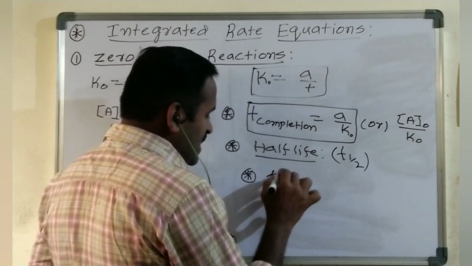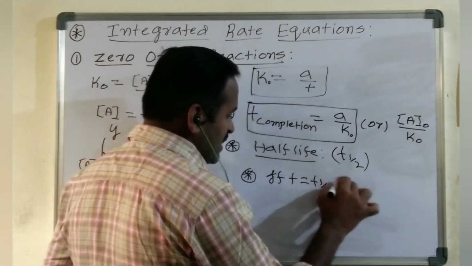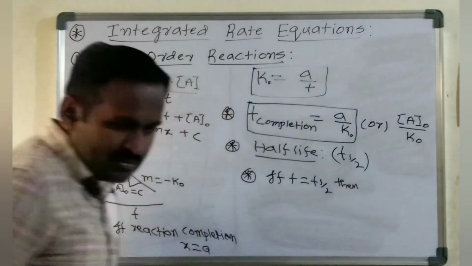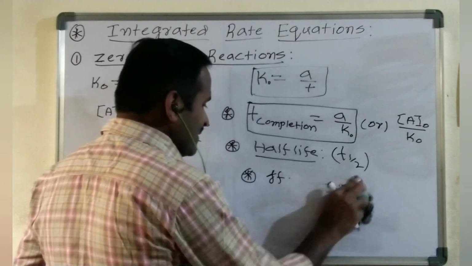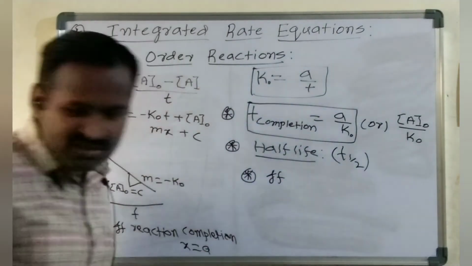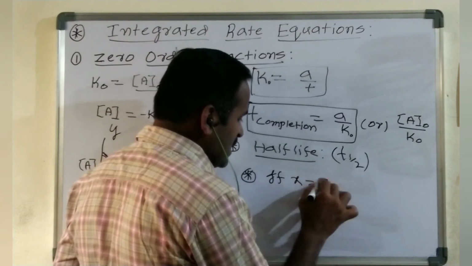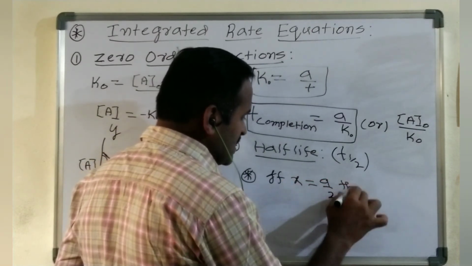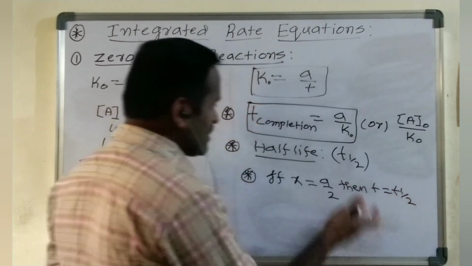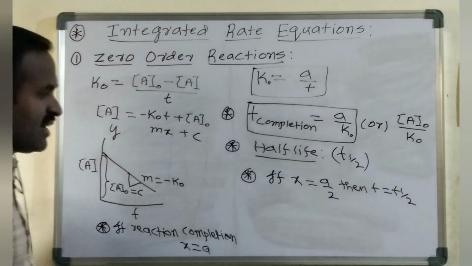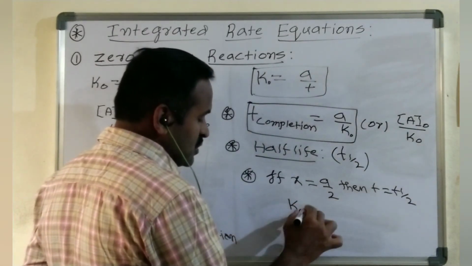So if t is equal to t half, then x, the change in concentration, is equal to A by 2. You can substitute into the simple rate constant equation for the zero order reaction: k naught is equal to x by t.